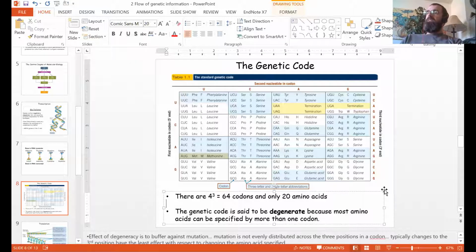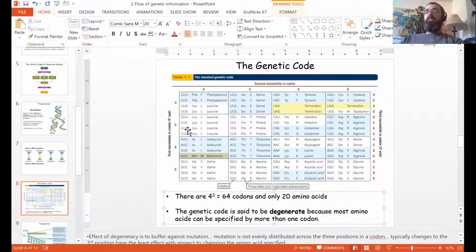That gives us 64 codons, which is more than enough to encode the information for 20 amino acids. And that excess leads to, in many cases, multiple codons encoding for the same amino acid. That is a phenomenon called degeneracy.